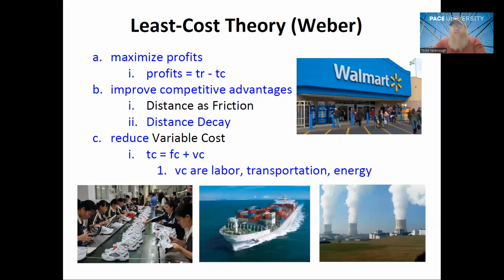A really good example of this is Walmart. Walmart was a small, relatively insignificant department store chain in the 70s. And then in the 80s and the 90s, especially in the 90s and into the early 2000s, Walmart took great advantage of reducing their issues with respect to distance.